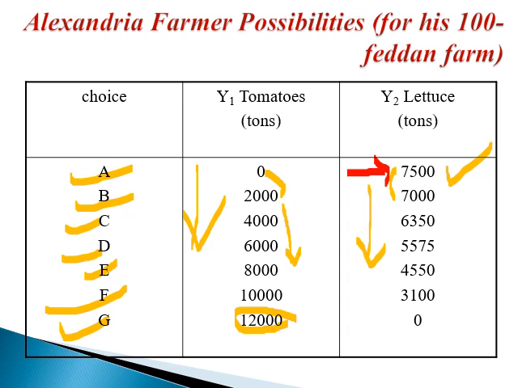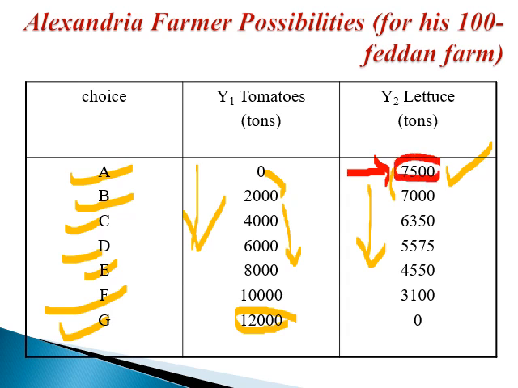By the way, by looking at that, you cannot determine what is the combination of tomatoes and lettuce that the individual producer can produce to maximize his or her profit. Why can you not? Because here we do not talk about how much production. Do not tell me, for example, that I should produce 12,000 tons of tomatoes with 0 lettuce, because 12,000 is more than 7,500 here.